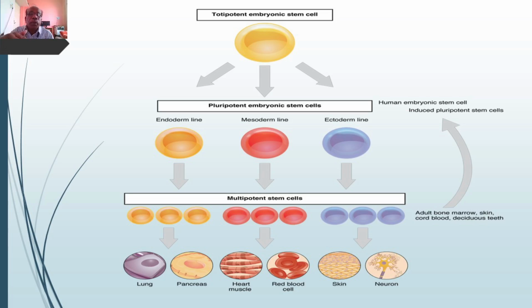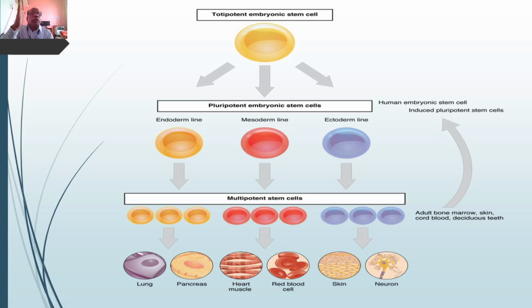So in this figure you can see the multipotent stem cells will be transformed into different types of tissues or organs. We can explain them one by one.